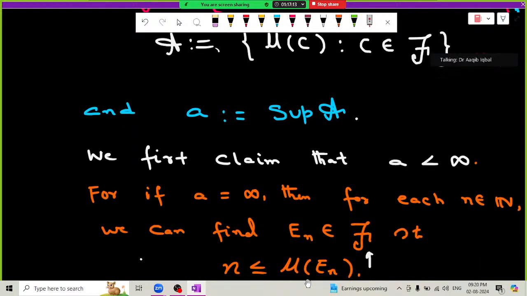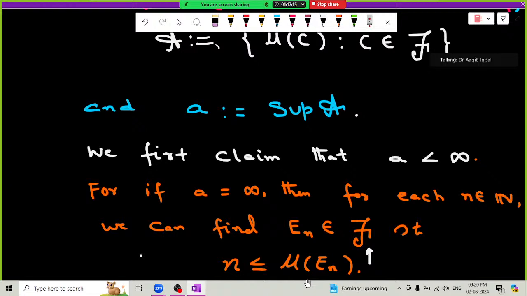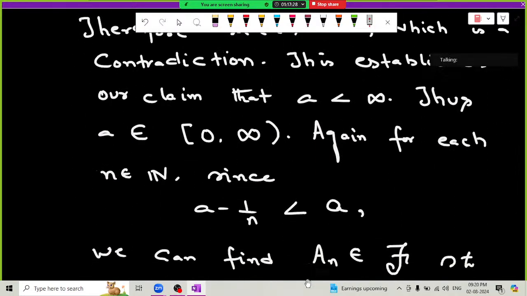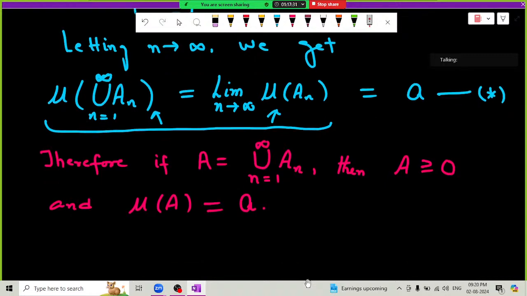So basically A जो है ना, it is the largest signed measure which we can get by considering the positive sets. ठीक है ना. और मैं आपको यहाँ दिखा रहा हूँ A जो मैंने इस तरह से क्रिएट किया, it is a positive set, and इसका जो signed measure है, it's A, which is the sup of all the signed measures of positive sets.